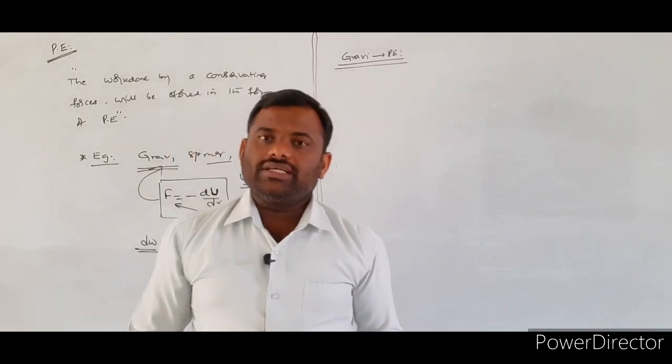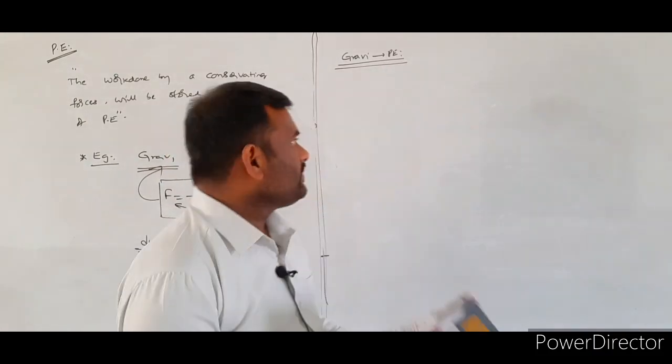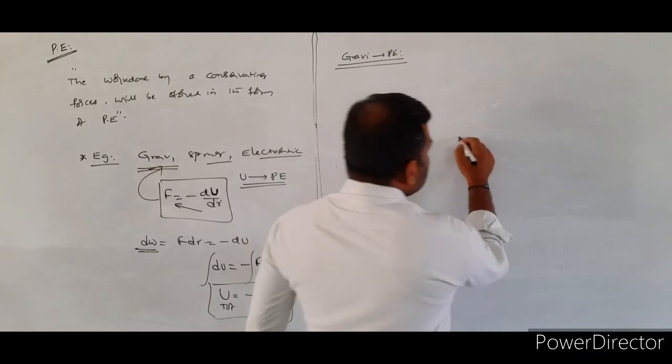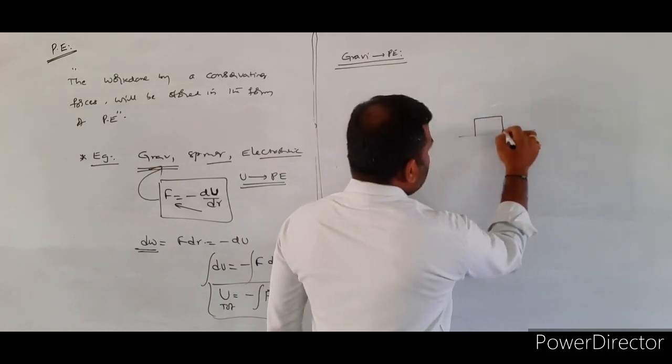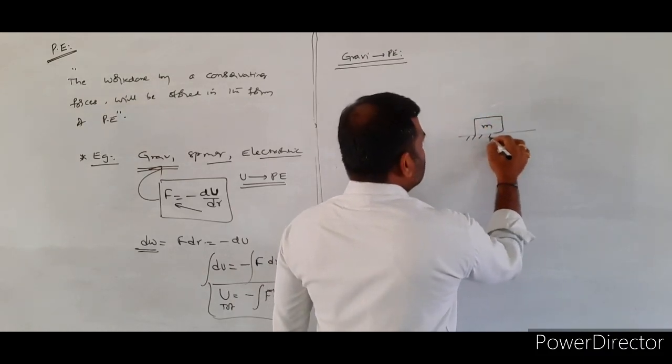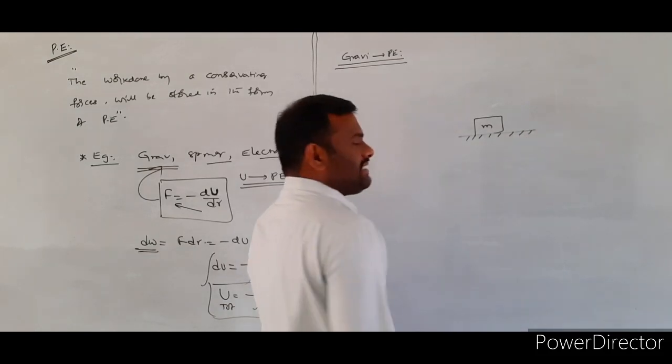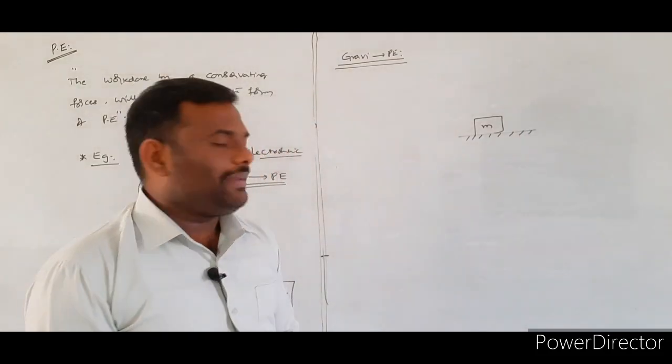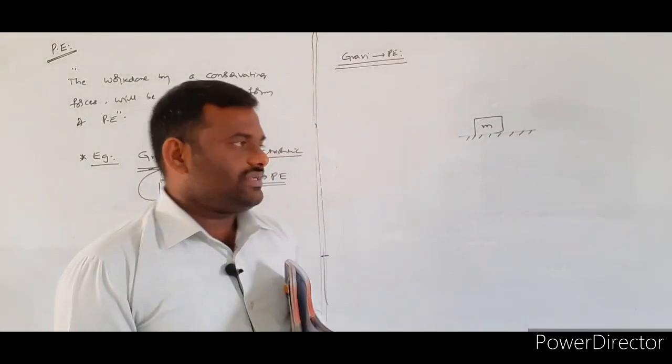Gravitational potential energy. See here, I am assuming that a block of mass m is placed on the horizontal surface.